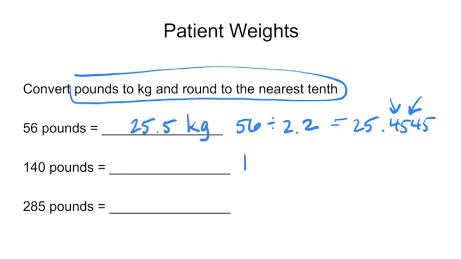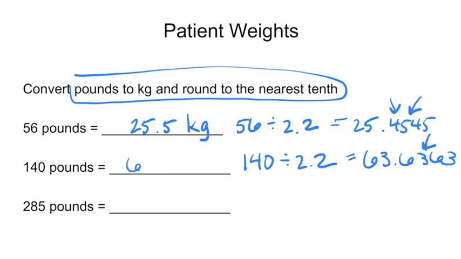Okay. 140 pounds divided by 2.2, 140 divided by 2.2 equals 63.6363. And again, I want to look at this number. I'm going to stay down, so 63.6 kilograms. And one more.